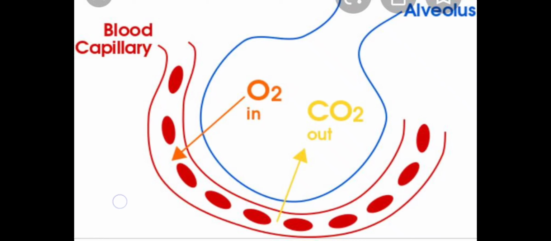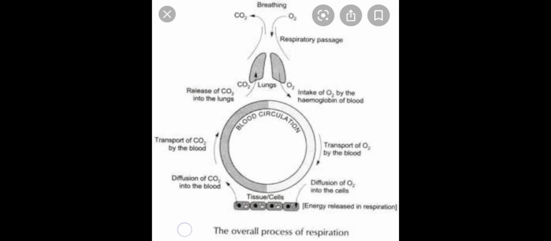Alveoli are suited for gaseous exchange because they are thin walled, they have a large surface area and they have a rich supply of blood. Now let us see the details of the process of respiration.